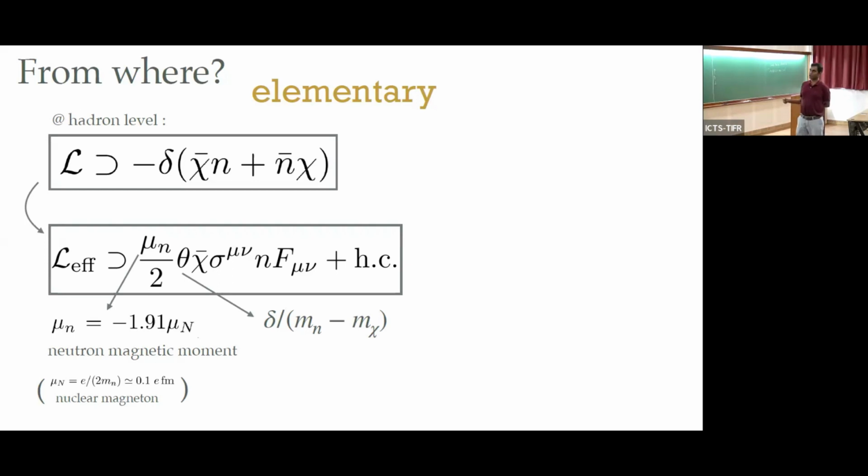At a hadronic level, I can always write a Hamiltonian like this, with an off-diagonal mass with the neutron, and again at the hadronic level, if I write this, inevitably I'll have a transition dipole moment, which I talked about earlier. It has its own interesting phenomenological consequences, but not for this talk.